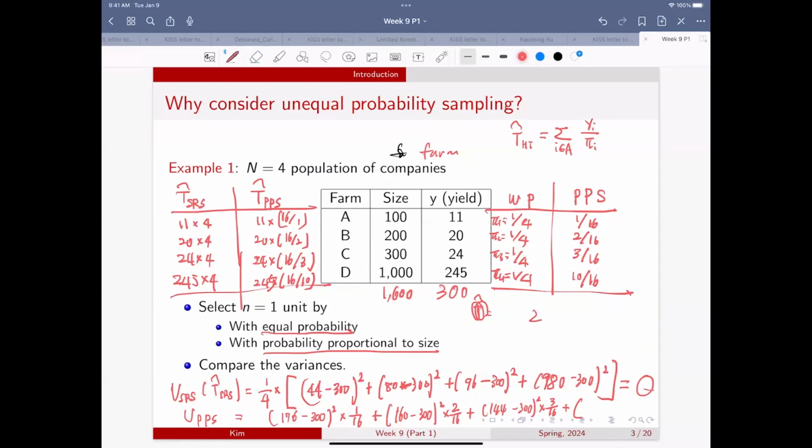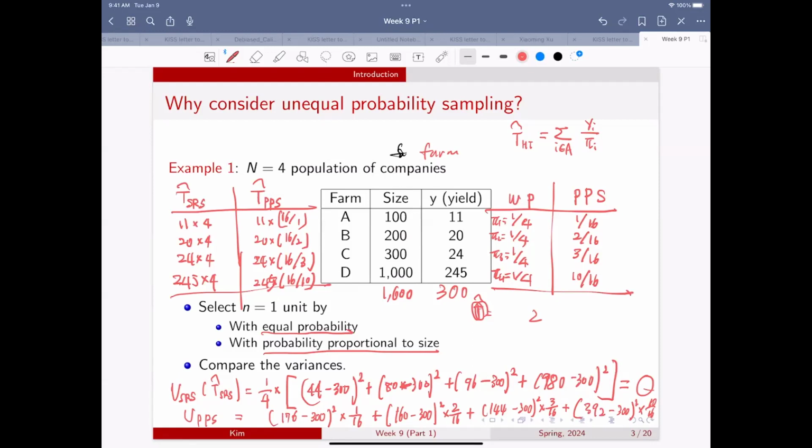Yeah. 245 times 16/10 is 392, right? Minus 300 squared times 10/16. Something like that, right?